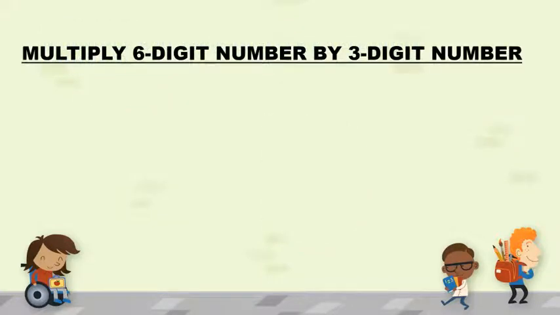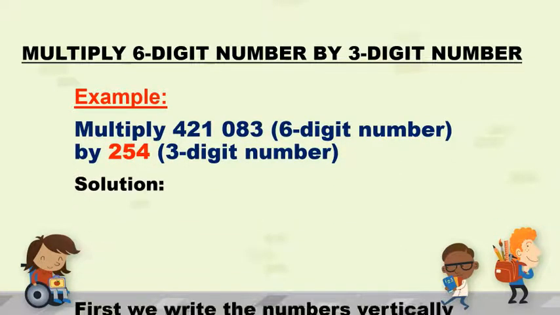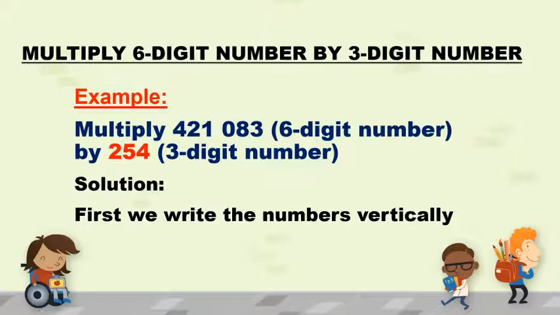Now if we want to multiply a 6-digit number by a 3-digit number, the same steps we will follow again. First, we will write the numbers vertically.